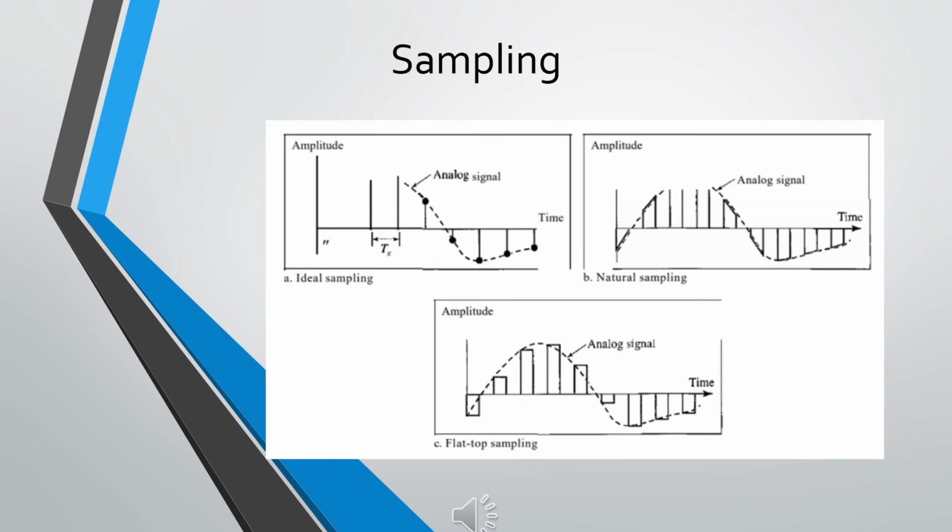The result is a sequence of samples that retain the shape of the analog signal. The most common sampling method, called sample and hold, however, creates flat top sampling by using a circuit. The sampling process is sometimes referred to as pulse amplitude modulation.